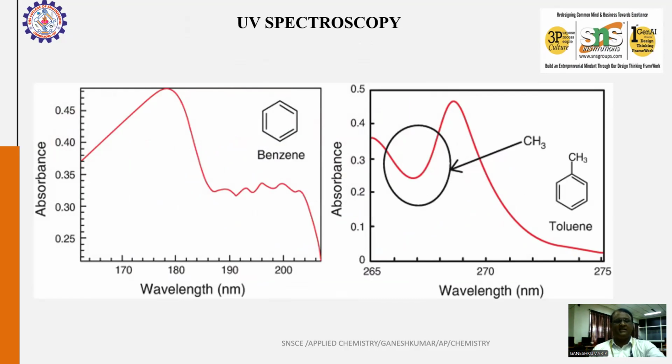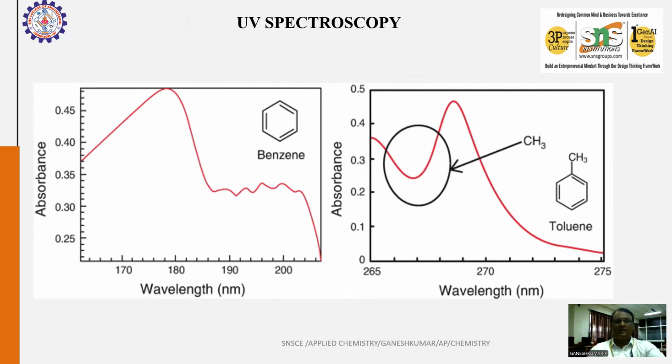For a typical benzene, we get peaks like this: a large peak around 280 nanometers, and small variable peaks between 190 and 200. In the nearby one, benzene with a CH3 group attached is called toluene, and toluene has a trough-like depression around 260 and a maximum peak at around 270.